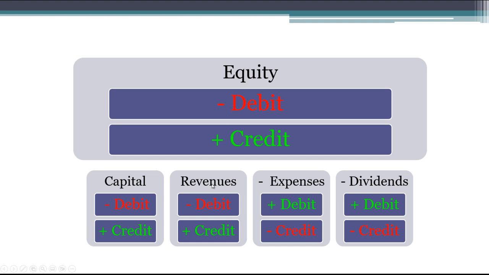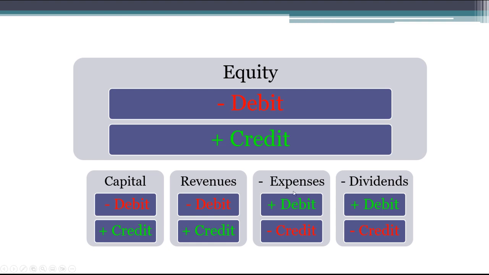Revenues, exact same way. When we credit revenues, we're increasing the revenue, which increases net income, which increases retained earnings, which increases equity. But the tricky part here is expenses and dividends, because those have a negative impact on equity. If you increase an expense or if you increase a dividend, that ultimately decreases equity.